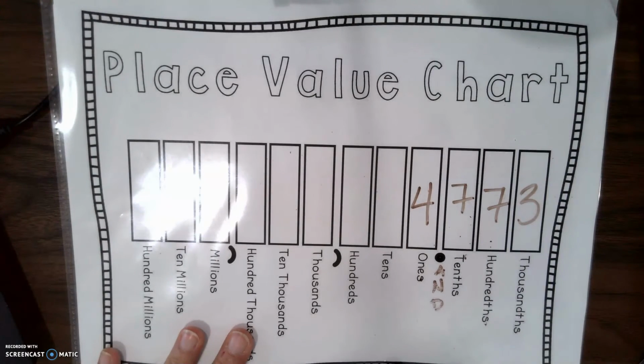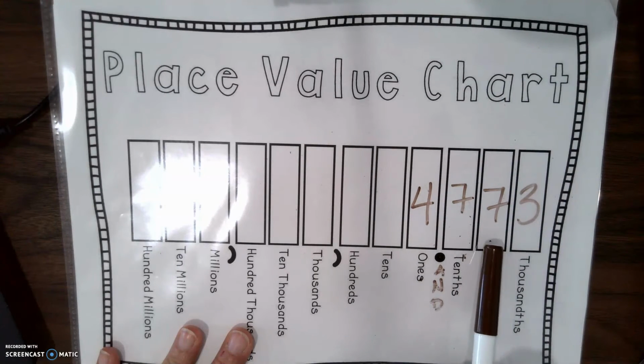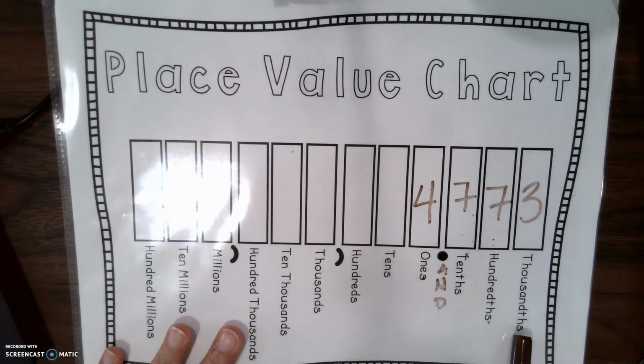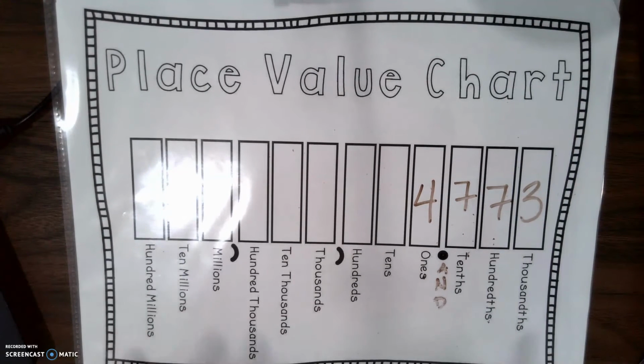Okay, so how would we read this number? 4 and 773 thousandths. Since that's our last blank that we have, we read this word. 4 and 773 thousandths. Okay. And we are rounding it to the nearest tenth.